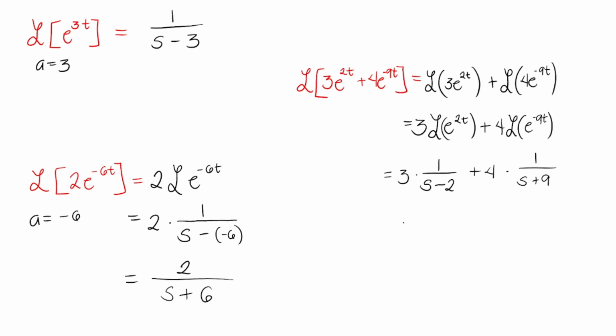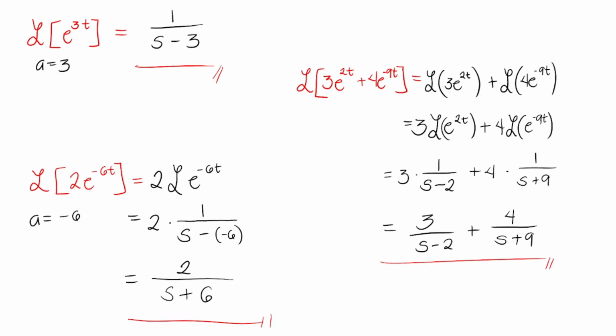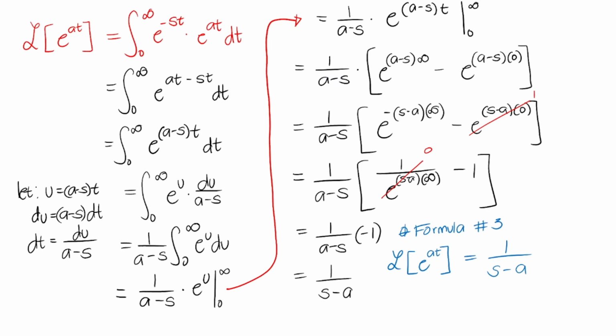So, simplifying, our final answer is simply equal to 3 over s minus 2 plus 4 over s plus 9. So, these are our final answers. Again, remember this simple formula for the Laplace transform of e raised to at. It is equal to 1 over s minus a, in which a is any real number.